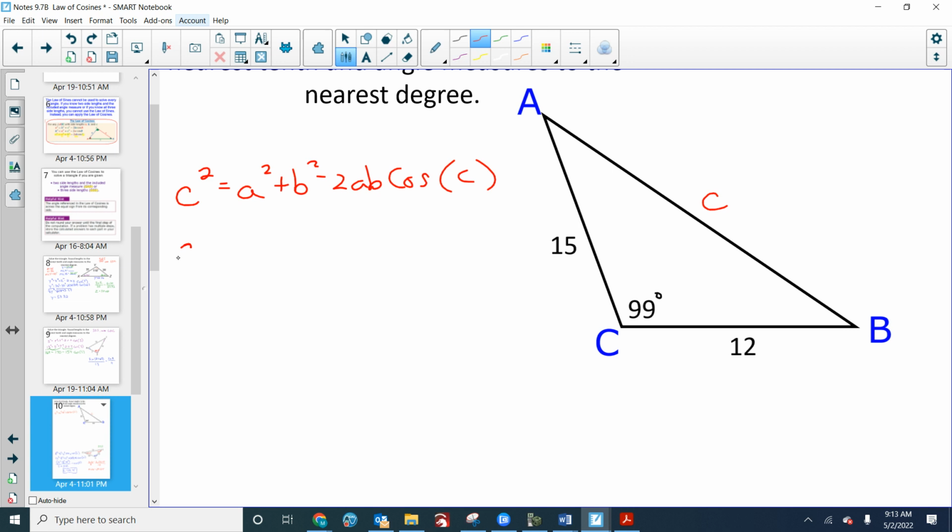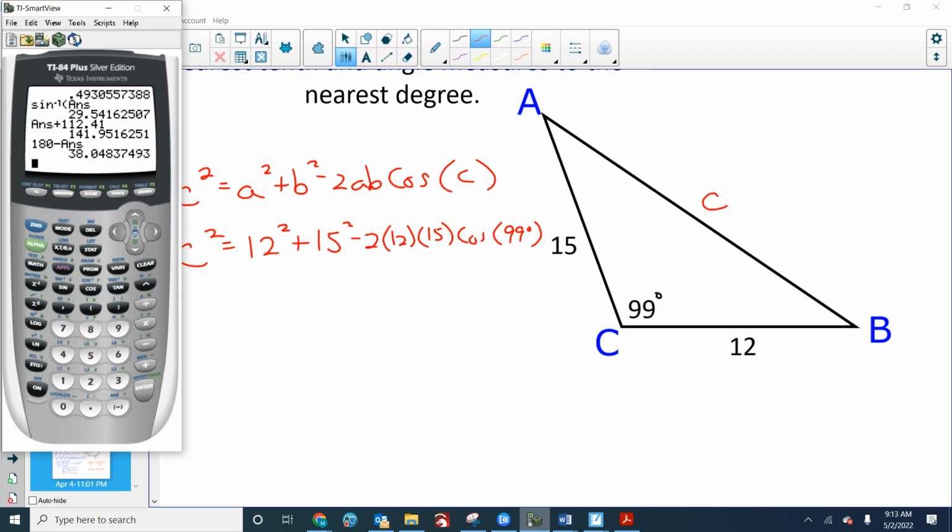So we're doing side C. We have 12 squared plus 15 squared minus 2 times 12 times 15 times the cosine of 99. Everything on the right side of this equation is a number. The only thing I have to do is square root to get my answer.